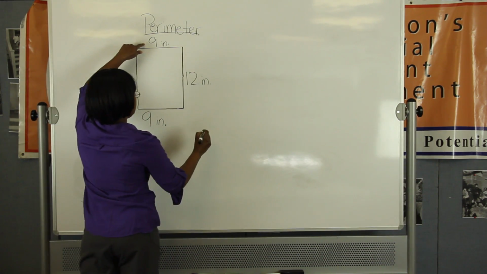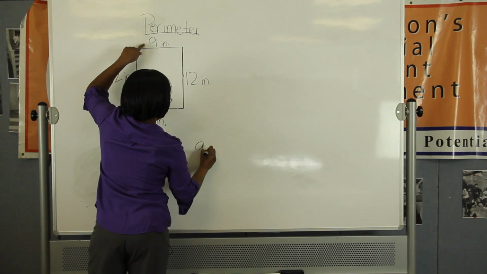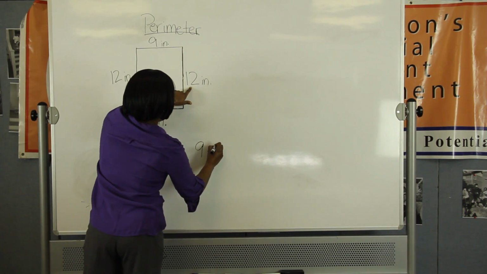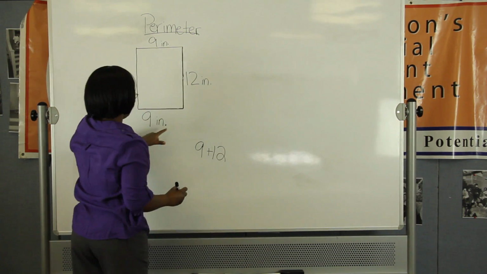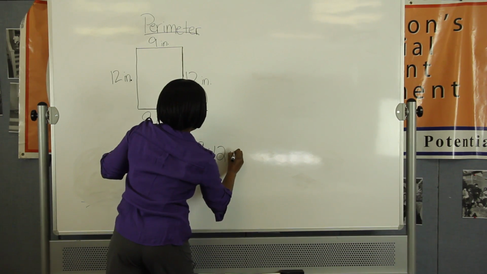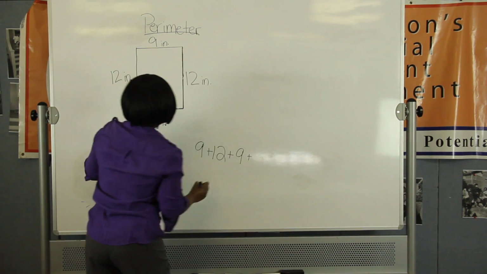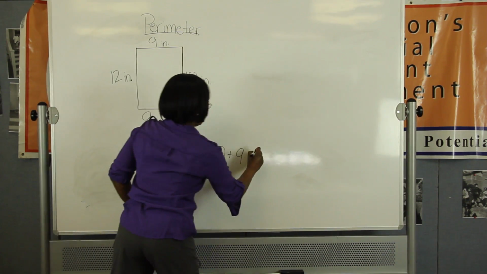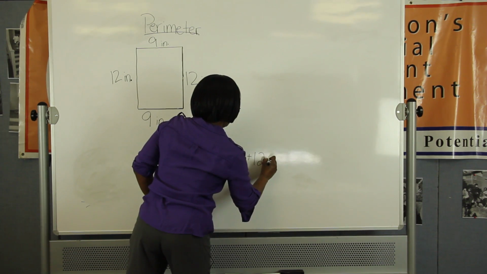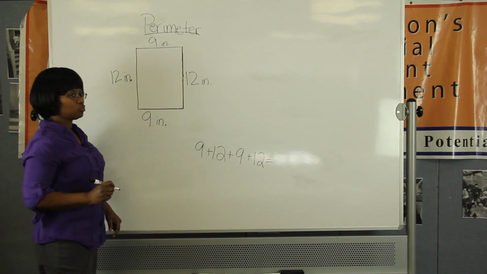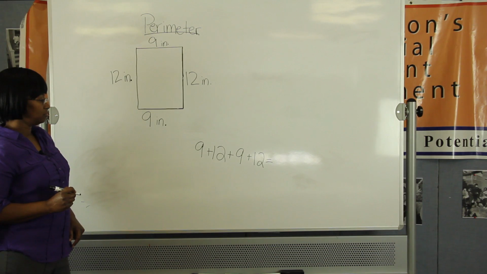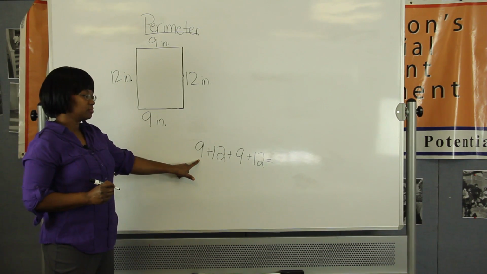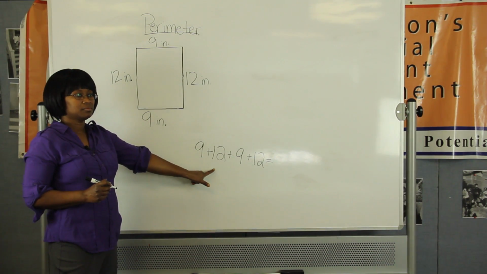So now, let's figure out what the perimeter is. We'll start up top. 9 plus 12 plus 9 plus 12. Now there's a shortcut to this. There are 2 9s and 2 12s.